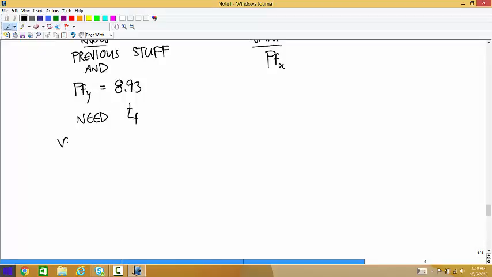So we can do that with VFY is equal to VIY plus AYTF. So 0 is equal to 11.83 minus 9.81 TF.